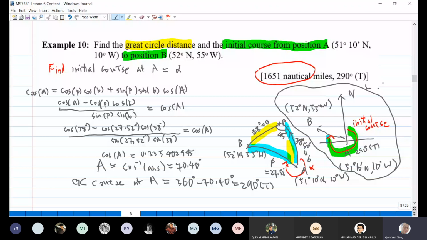The sine law, unfortunately, will give you two possible answers, and then you have to figure out which one is correct. If you use the cosine law, you have no issue like this. It only gives you one answer. So that's why people usually prefer the cosine law, because you definitely get only one answer. The sine law usually gets two different answers, then you have to decide which one is correct.